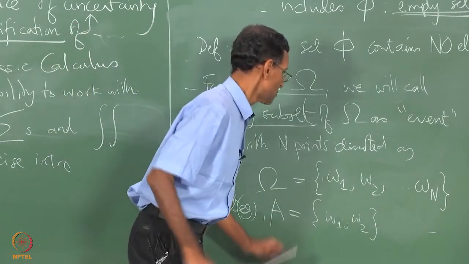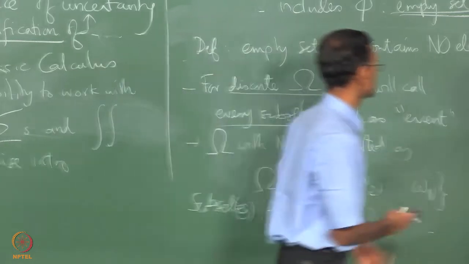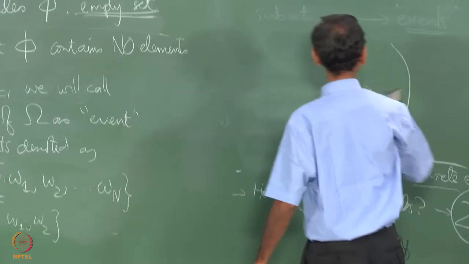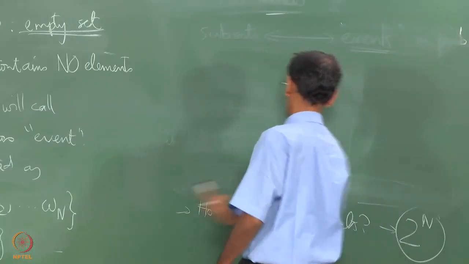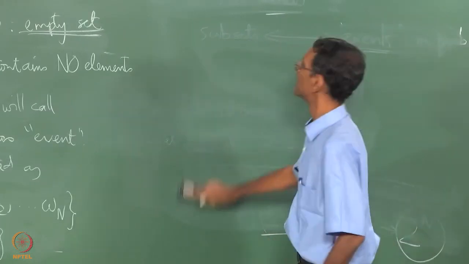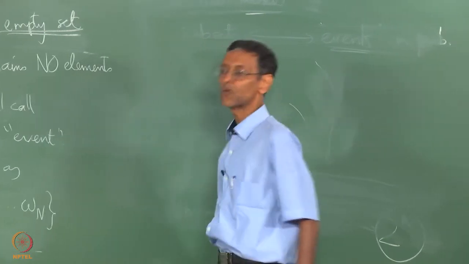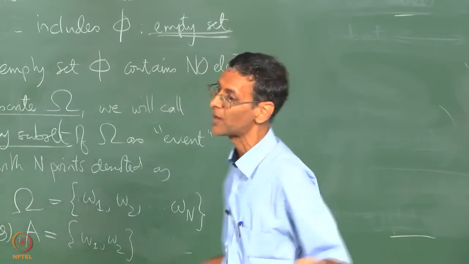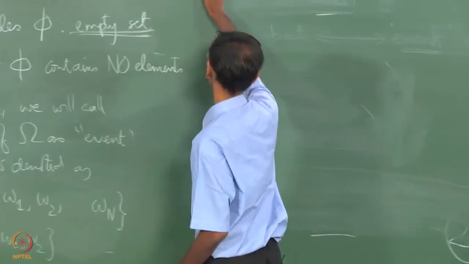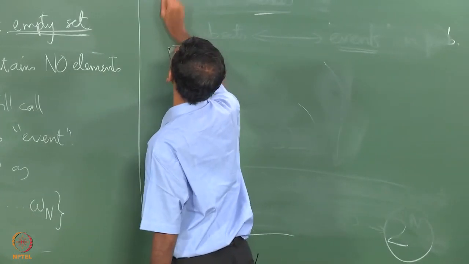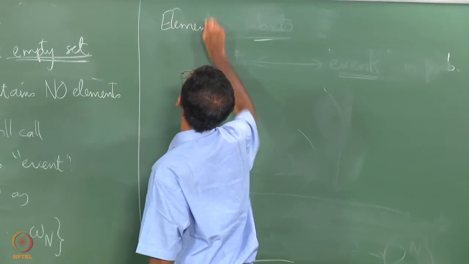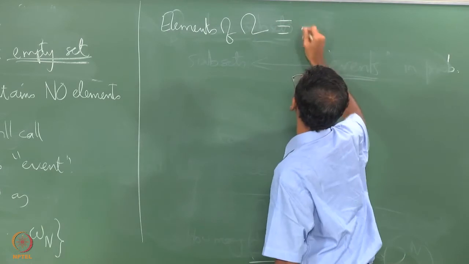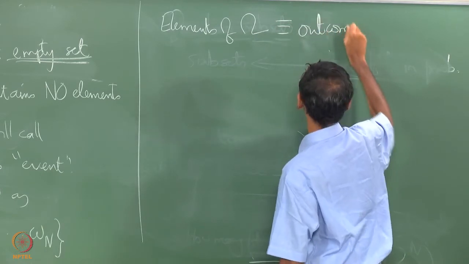Okay, so continuing with some more terminology. The elements of omega are outcomes of the experiment, which is basically what we have said so far in different words. They are identical to the elementary outcomes.